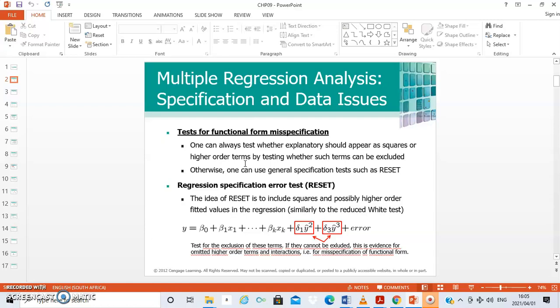The idea of this test is basically to include the squares and possibly higher order fitted values in the regression. And you can see the functional specification is like this. Usually we would like to test whether to exclude this or not, because under normal circumstances we would want to include them, but what if they are not relevant for that model? Then we would need to exclude them, so that we can avoid the misspecification of the functional form, and that's why we do that particular test.